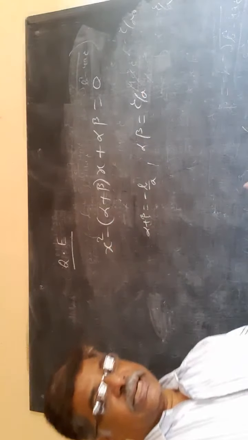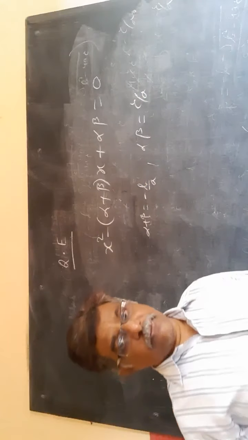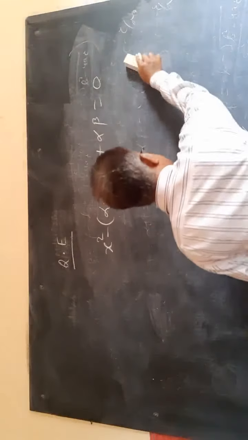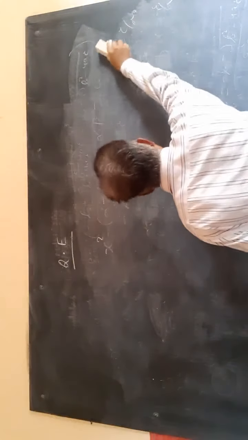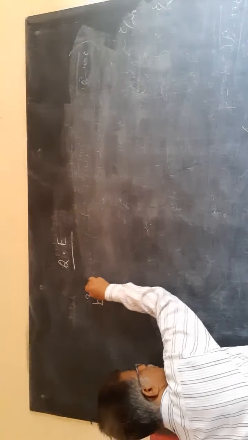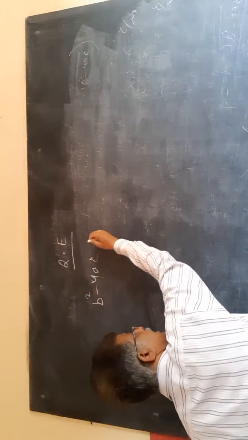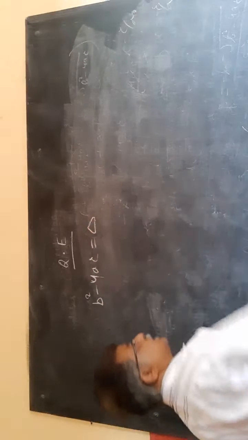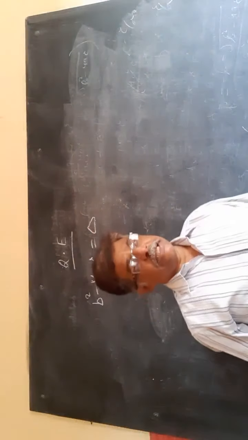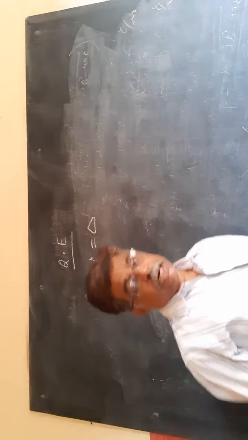And one more thing we learnt is we have got root of b square minus 4ac in the root while finding. So b square minus 4ac is called the discriminant, represented with delta.